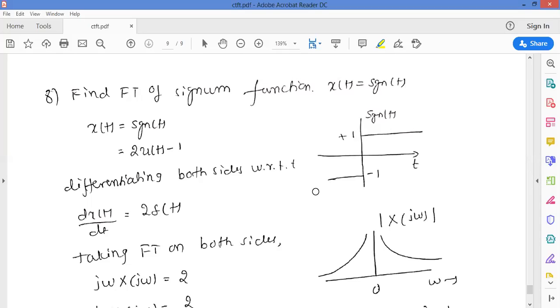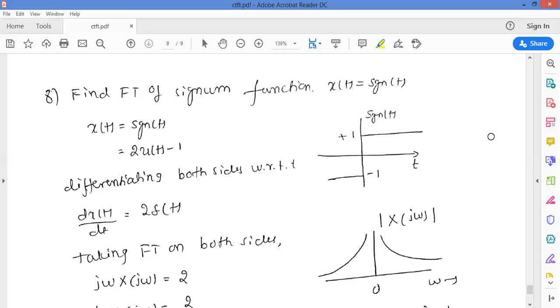Now, how do you write sgn of t? Look at the first equation very carefully. I'll write this as 2 into u of t. So when you write 2 into u of t, the signal will be from 0 to infinity because u of t will be from 0 to infinity. Minus 1 I will do. So from 0 to infinity, it is 2 minus 1, it is 1.